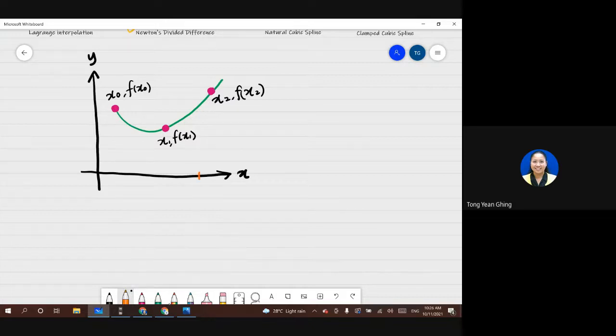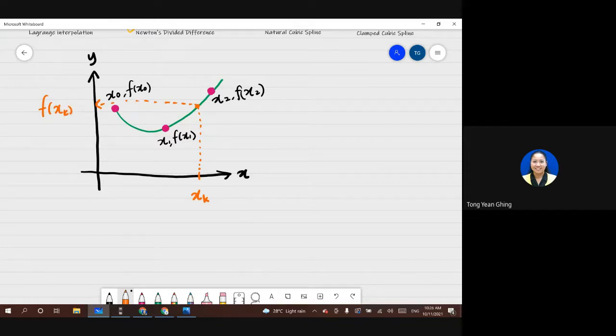Let's say we want to find, at this xk, what is the value of y? What is the value of this f(xk)?